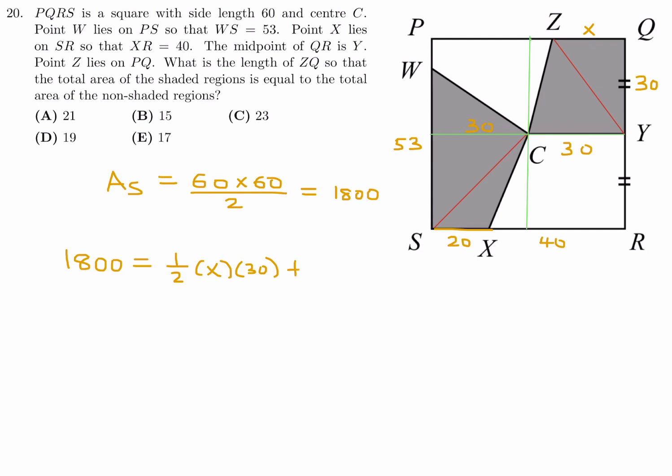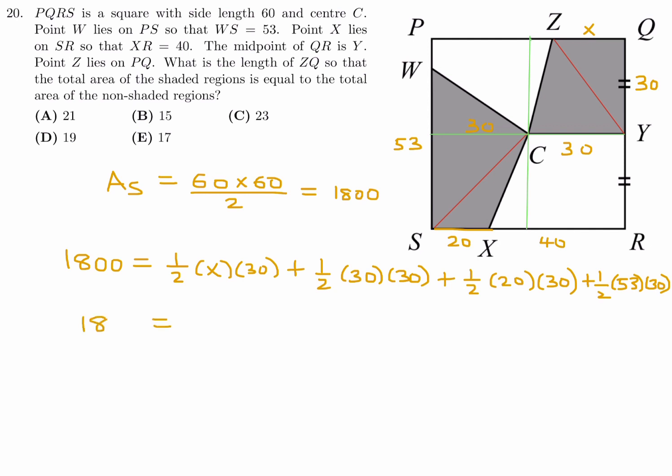Let's see, what can I do next? I'll just do this one. That's going to be 1/2 base is 30, and the height is also 30. And then this triangle right here, 1/2 base, which is 20, times the height, which is 30, and then 1/2 this triangle, 53 times 30.